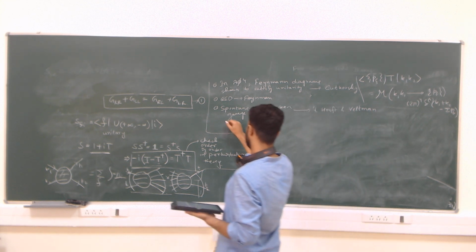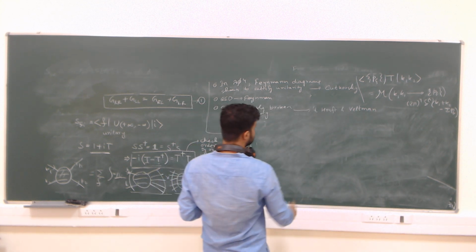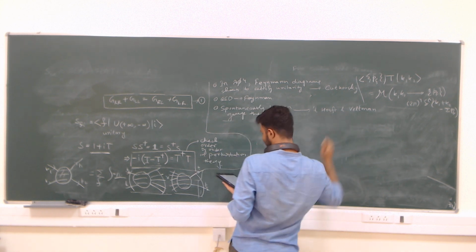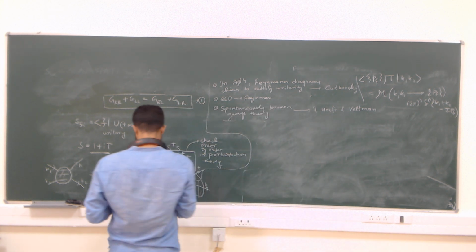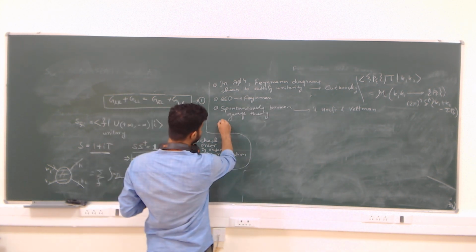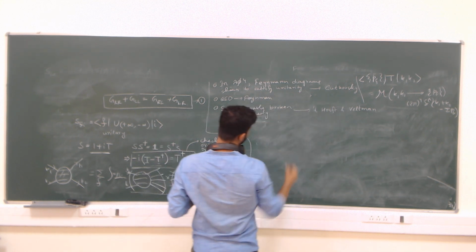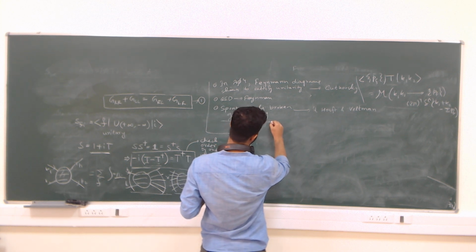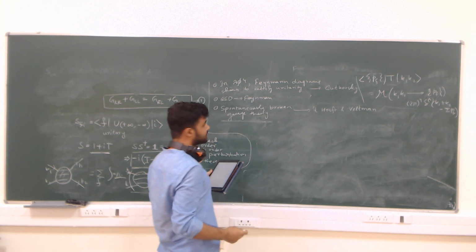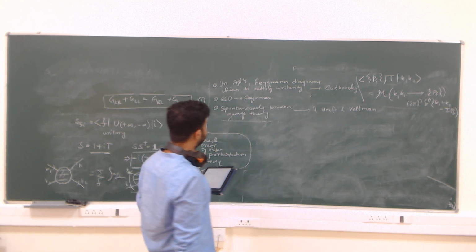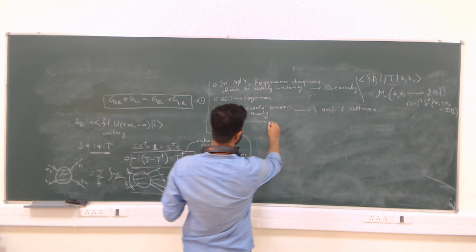In fact, due to this work, they got the Nobel Prize. The cutting rules are very similar, but we will not go into those details. Those will not be necessary to discuss these Feynman rules. And so we will discuss this part.